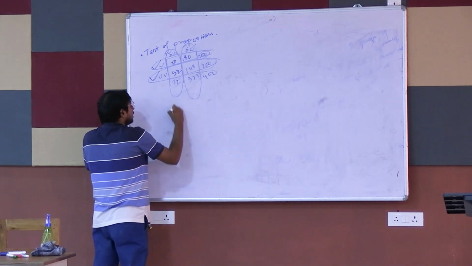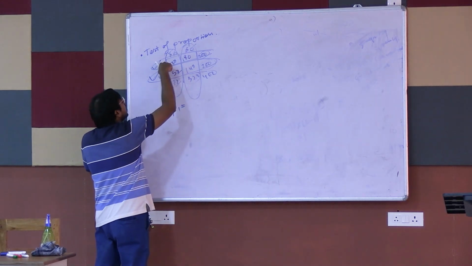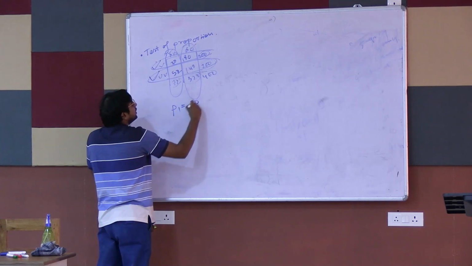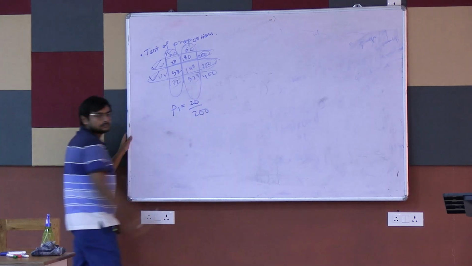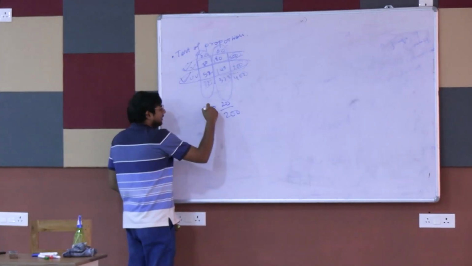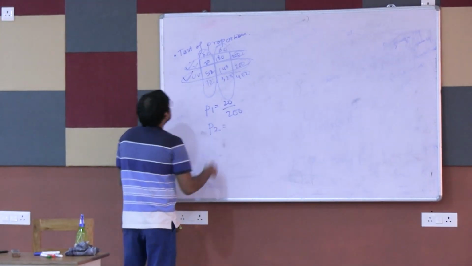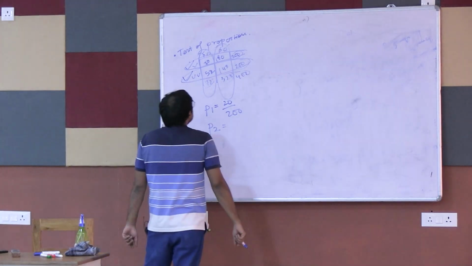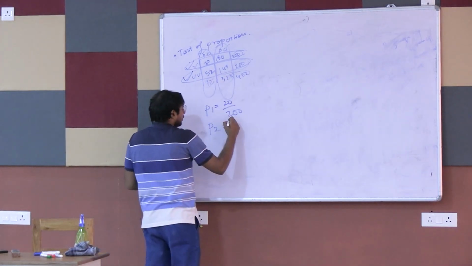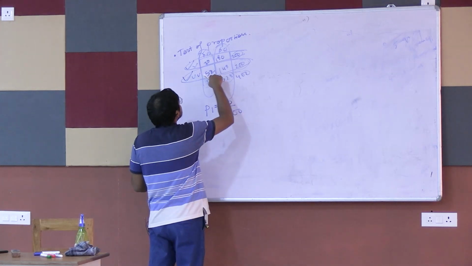So what is the proportion of people who have got the disease among the vaccinated ones? 20 by 200, correct? We are naming it P1. Let's write P2. What is P2? The proportion of patients who have got the disease amongst the ones who were not vaccinated. 52 by 200.